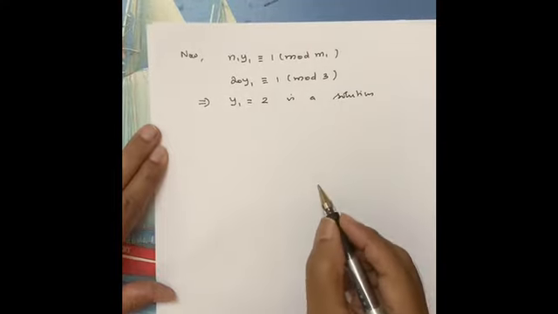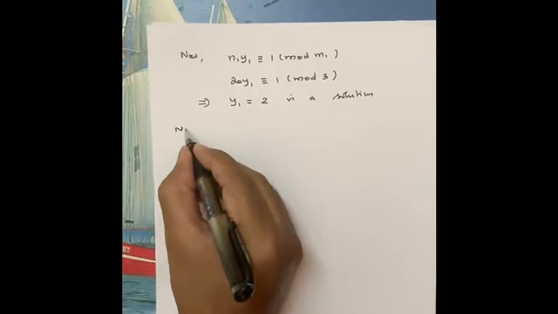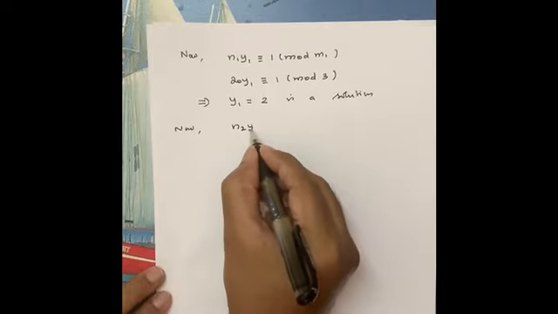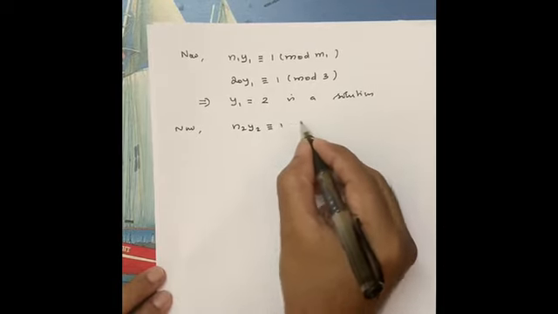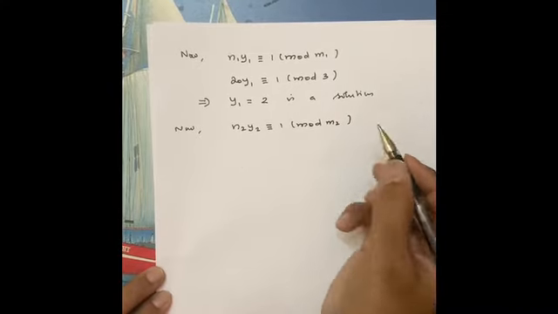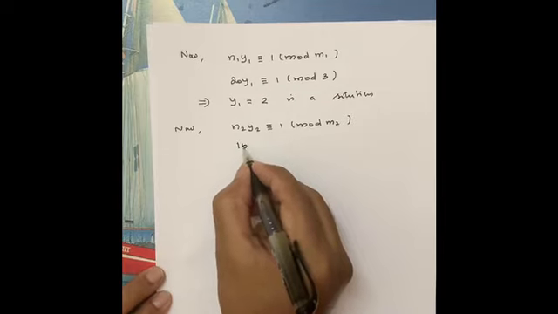So this implies y1 equal to 2 is a solution of this congruence. Similarly, take the second congruence. What is the second congruence? n2 y2 congruent to 1 modulo m2. What is n2 here? n2 is 15.